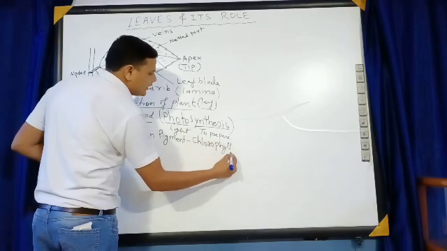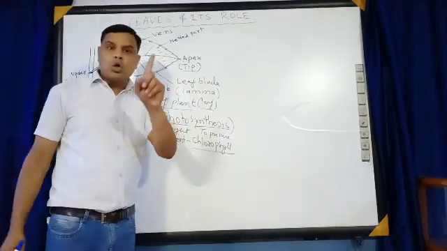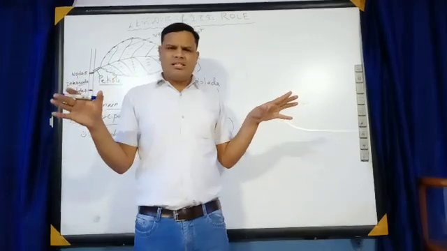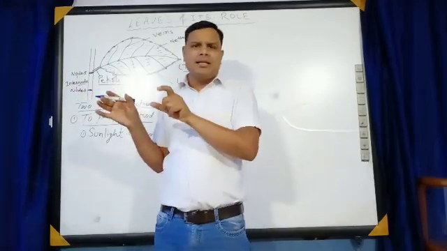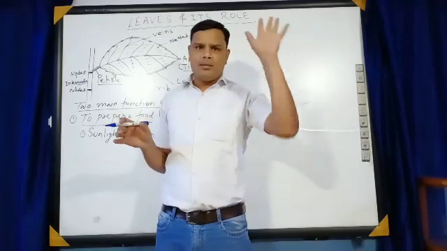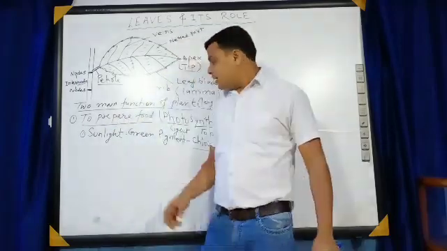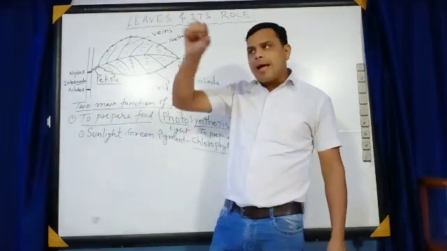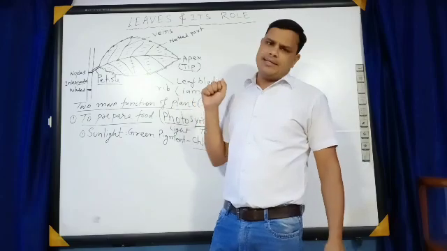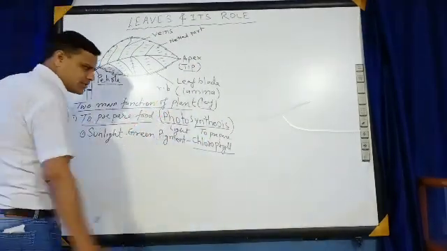Most plants are green in color because they have chlorophyll. That chlorophyll traps the sunlight that is used in the process of photosynthesis.